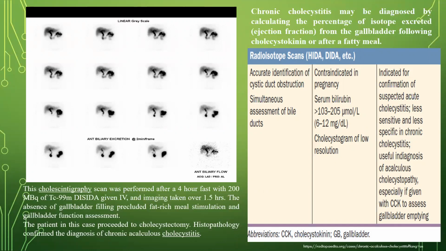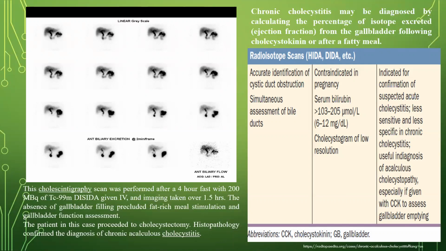Positive in this case is accurate identification of cystic duct obstruction and simultaneous assessment of the bile ducts. Negatives are that it is contraindicated in pregnancy, gives a cholecystogram of low resolution, and is also contraindicated with serum bilirubin more than 6 to 12 milligrams per deciliter.